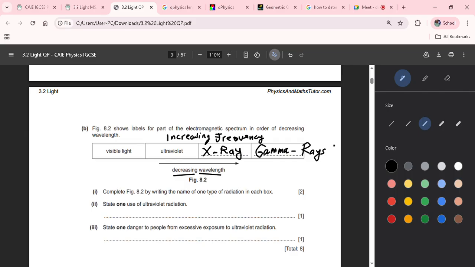It's in medical treatment. X-ray. Now for ultraviolet, this question, what's the use of ultraviolet radiation?